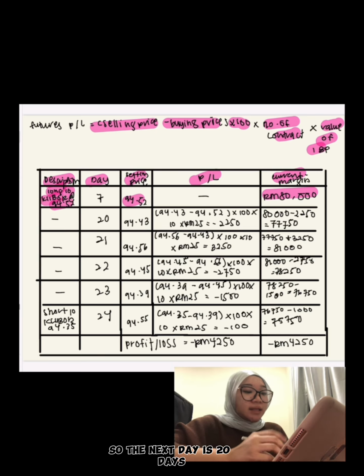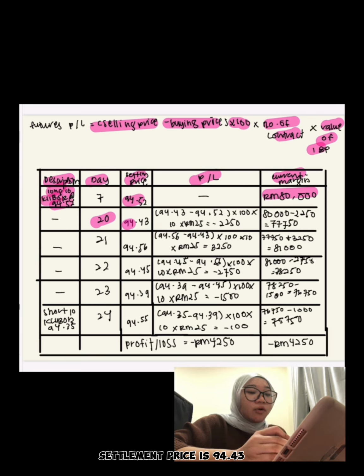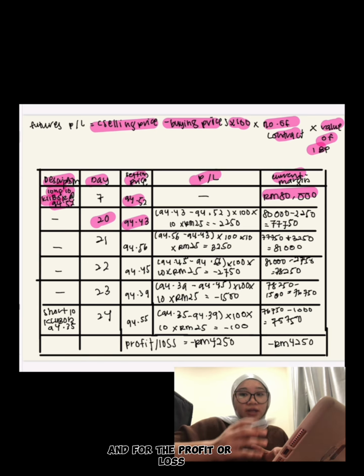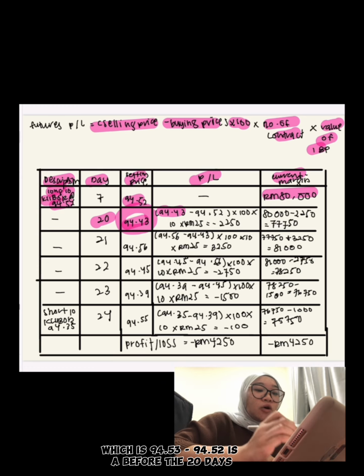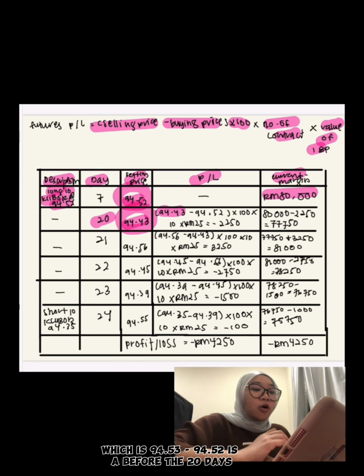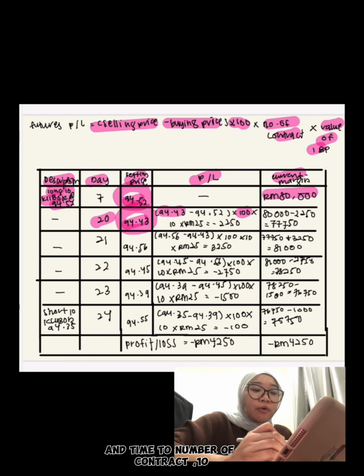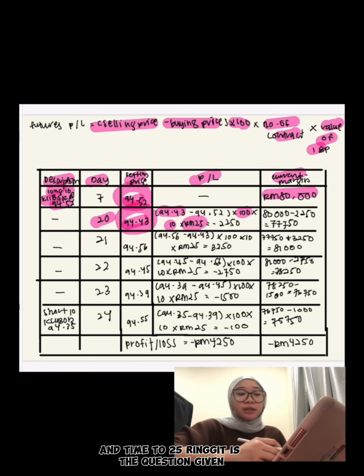The next day is January 20. The settlement price is 94.43, and we get the profit or loss. The formula, like I said before, is the selling price, which is 94.43, minus 94.52, the price before the 20th, times 100, times the number of contracts, which is 10, times 25 ringgit. This is the value given in the question.